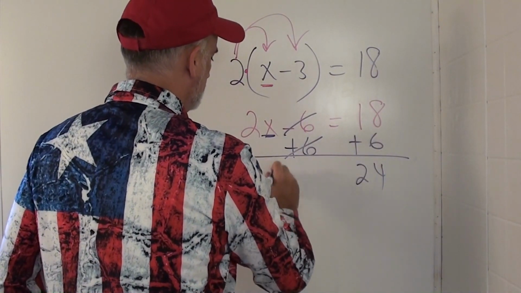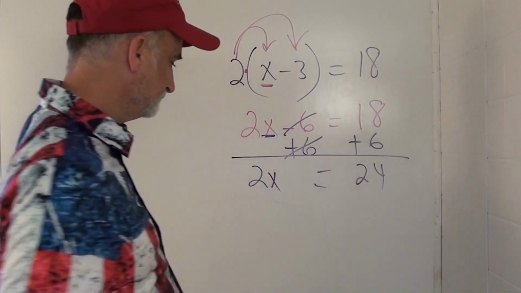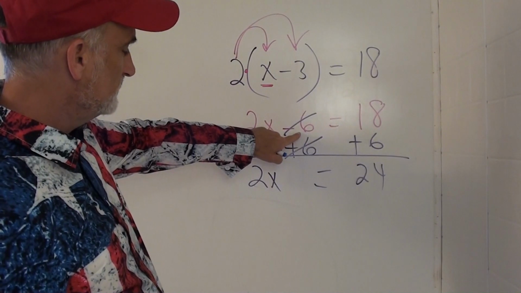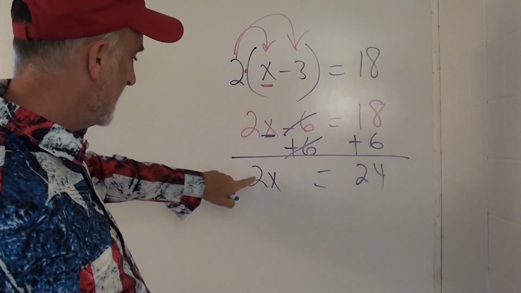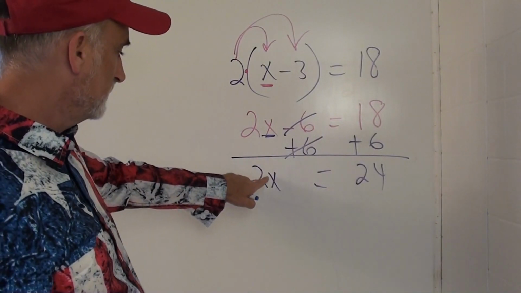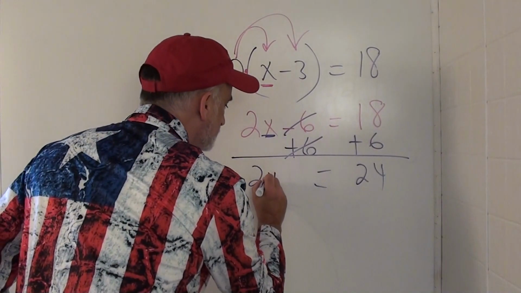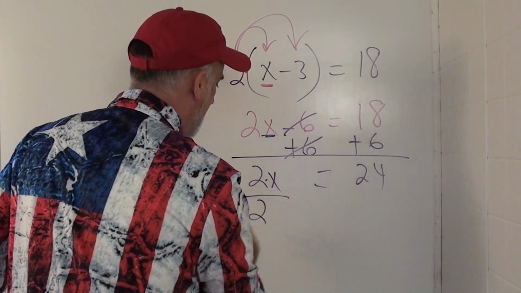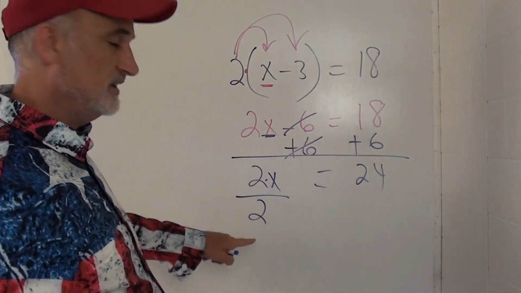Now we still got to bring the 2x down. So we got rid of the negative 6 by adding a positive 6. How do we get rid of the 2? Well, that's multiplication. That's really 2 times x. To get rid of multiplication, we're going to divide this side to get rid of the 2.